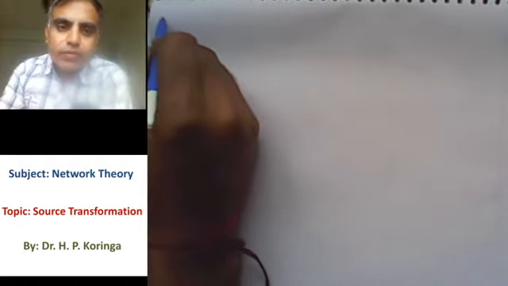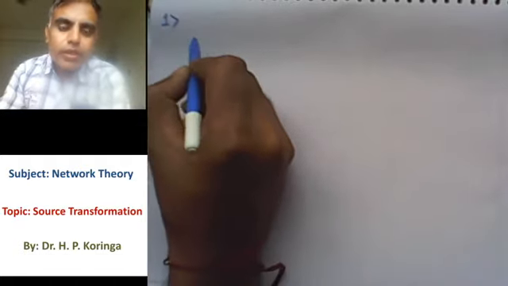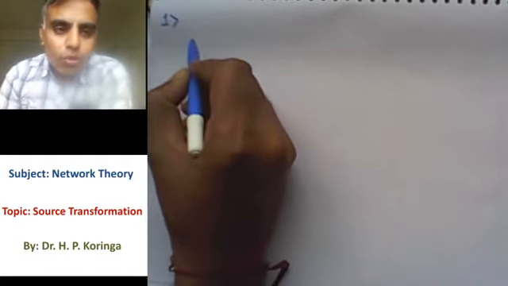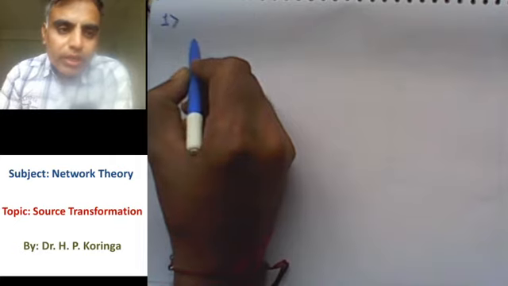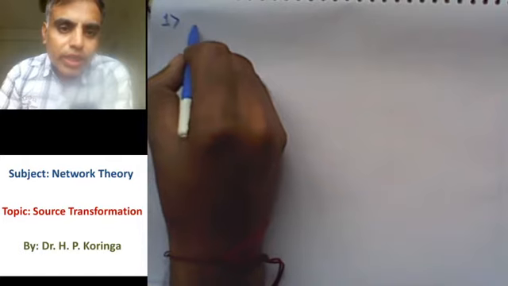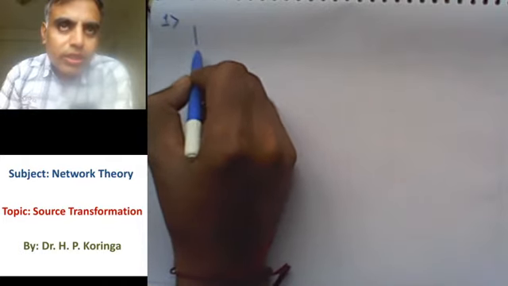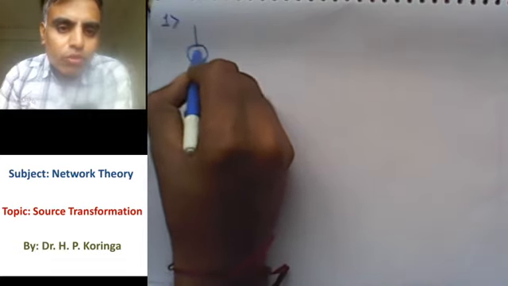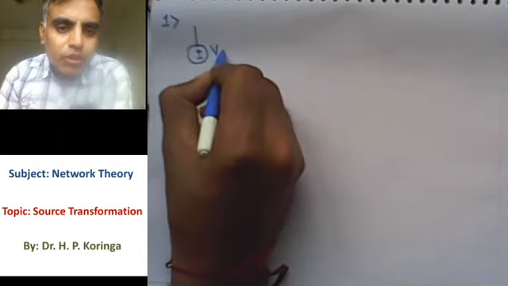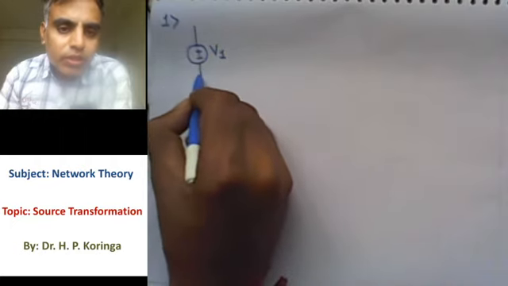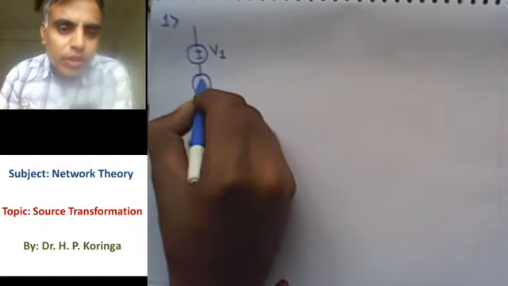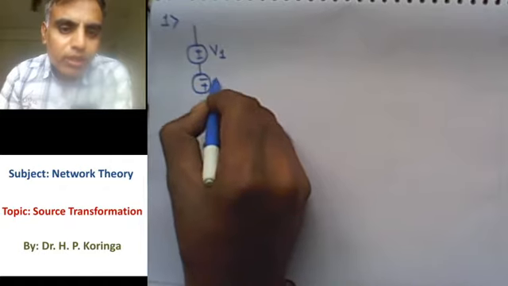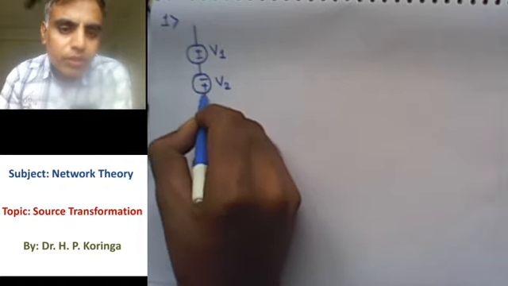Rule number 1. If two or more than two voltage sources are connected in series, then the equivalent voltage source is the algebraic summation of all the voltage sources. Suppose V1 is in series with V2, and V2 has minus and plus, right?